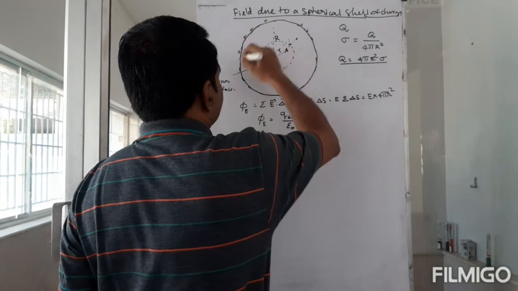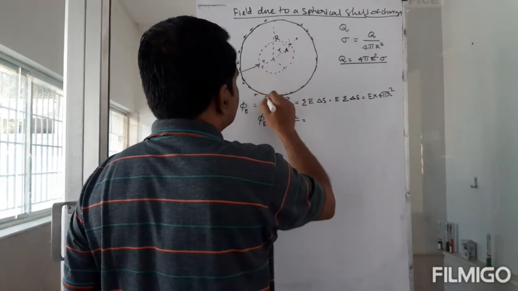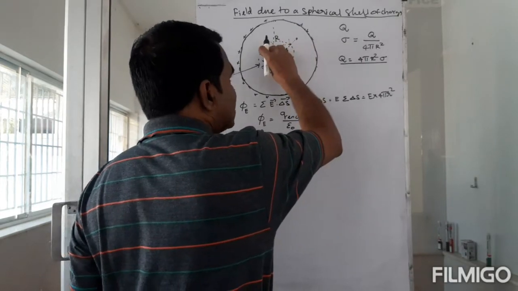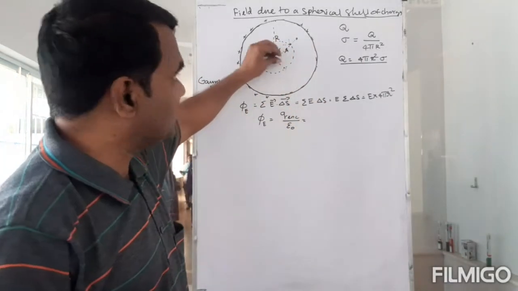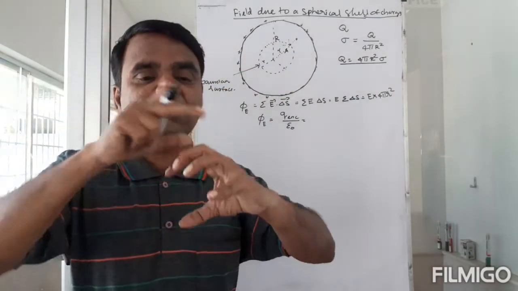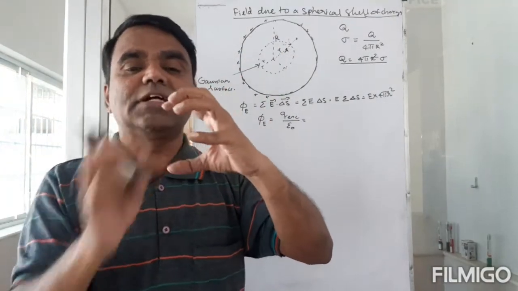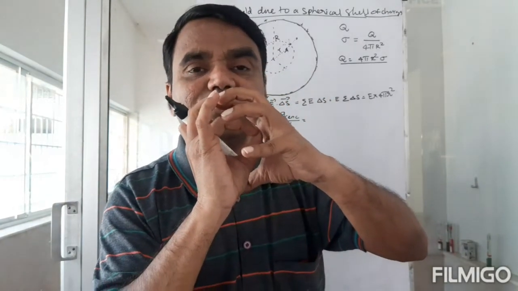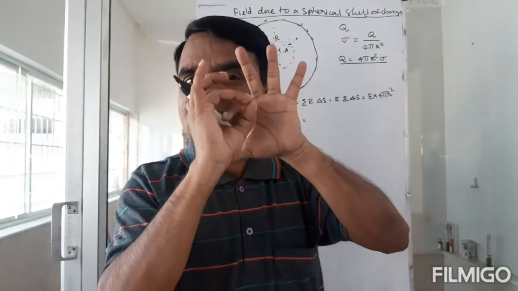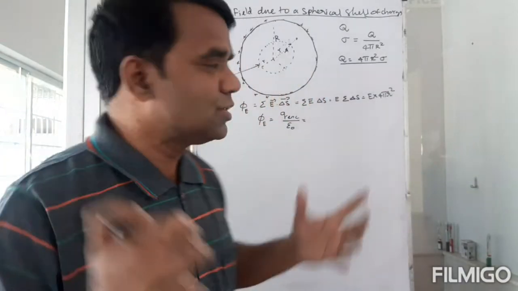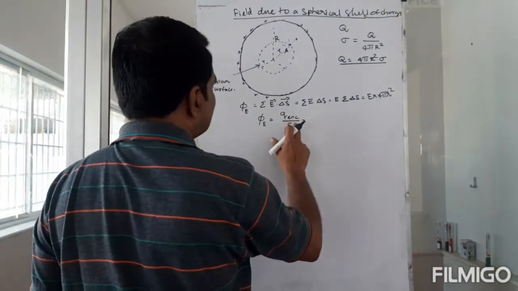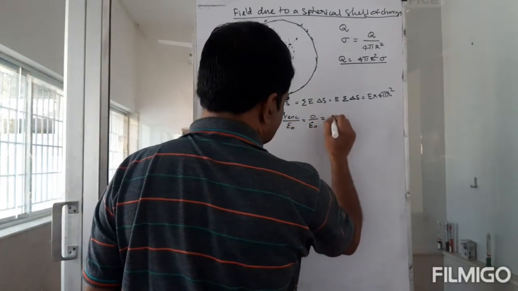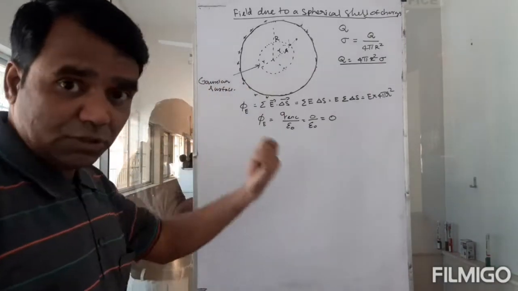But there is no charge inside the imaginary sphere, because the charge is all on the surface of the shell. Now I am considering an imaginary sphere inside this shell. So, do I have any charge inside that sphere? No, I don't. So, simply this Q enclosed will be equal to 0. So, 0 by epsilon naught, and that must be equal to 0.